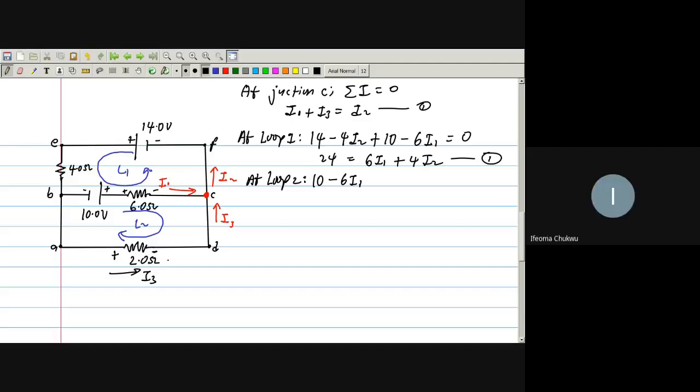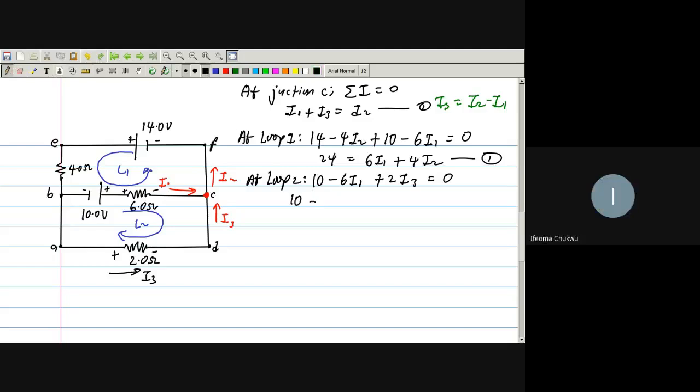Voltage rise. Exactly, because we are moving from low to high potential. That's plus 2I3 equal to 0. And don't forget, our I3 is equal to I2 minus I1.